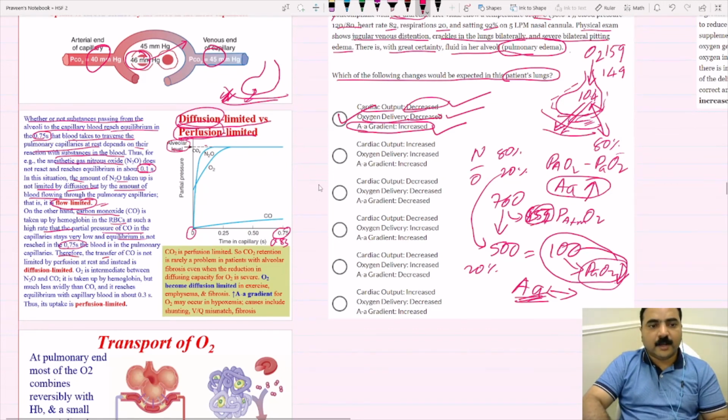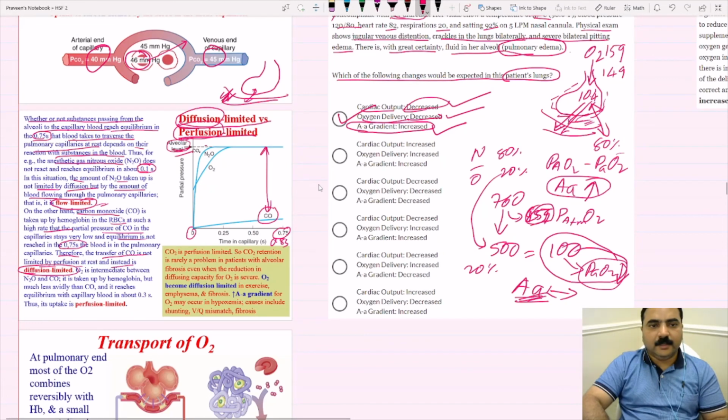Therefore, the transfer of carbon monoxide is not limited by perfusion at rest, and instead is diffusion limited. Okay, so carbon monoxide is never reaching the alveolar level. So carbon monoxide is always diffusion limited.